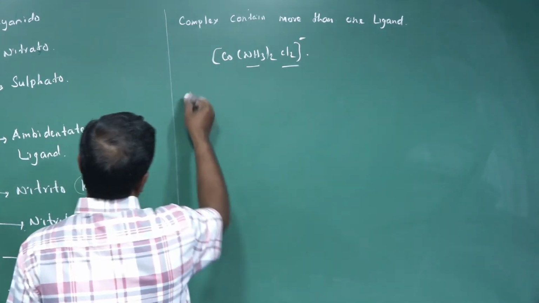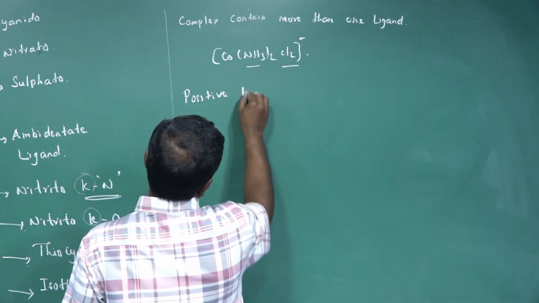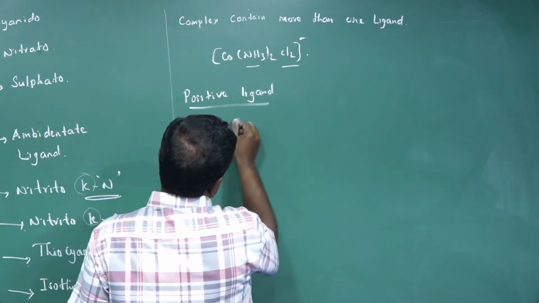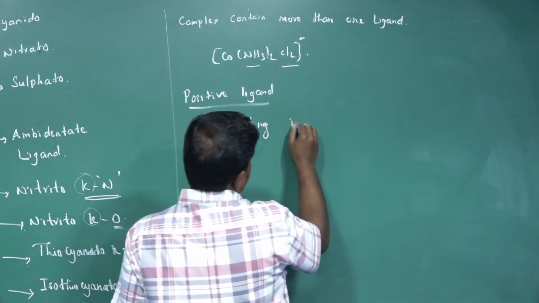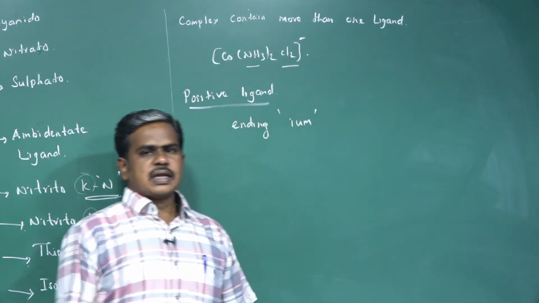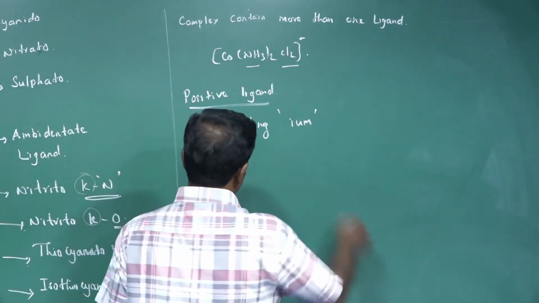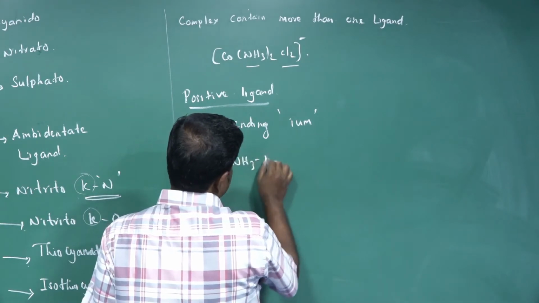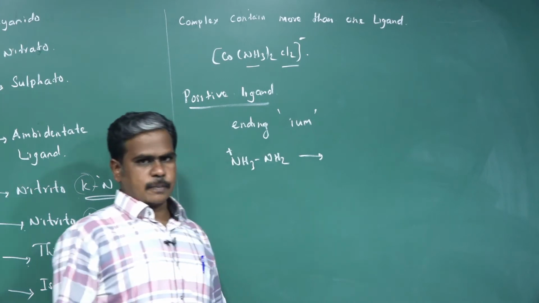Now we take the positive ligand. A positive ligand is ending with IUM. A positive ligand is ending with IUM. Then if you take NH3 plus and NH2, then it is a positive ligand.